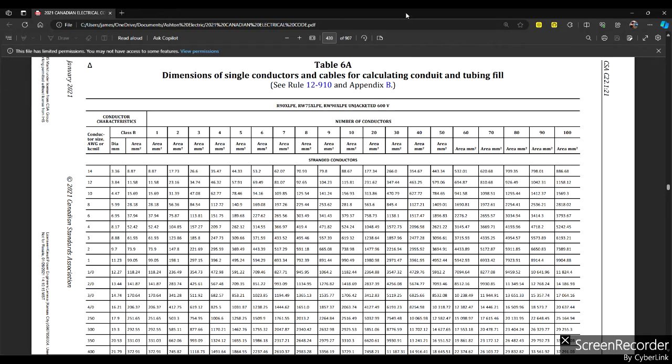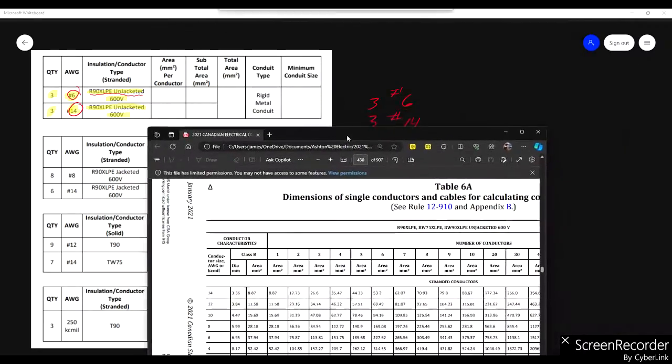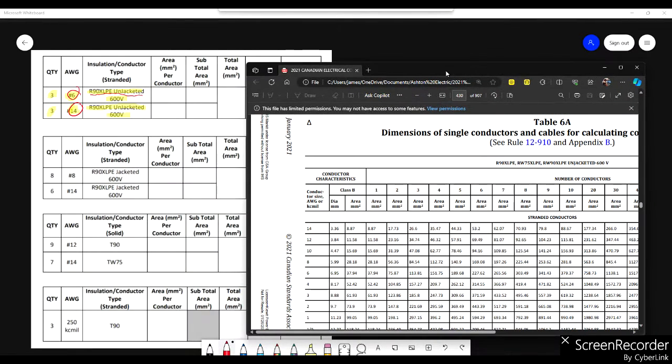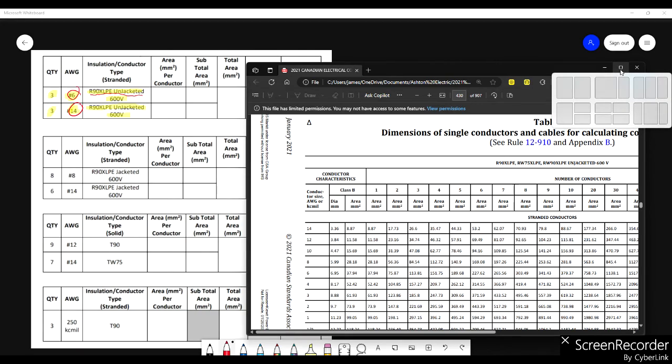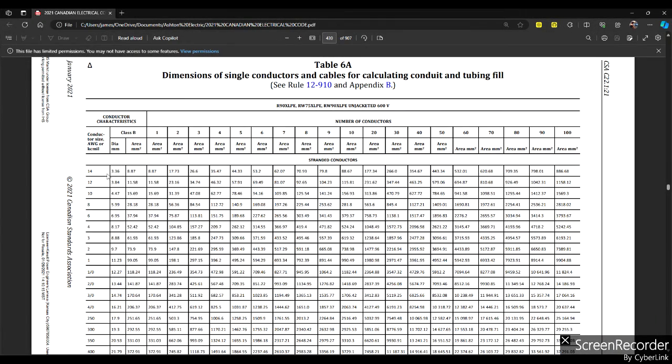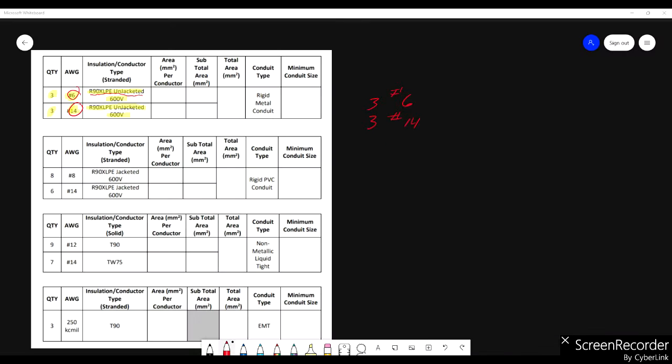Now all I'm going to do, and I kind of need to shift this onto the side a bit, is we're going to look for number 6 and number 14. Okay. So if I go down to number 6, conductor size number 6, each one of those would occupy 37.94. Okay, 37.94. So I come back over here, I'll just put 37.94, and actually I could probably write that right on here, 37.94.